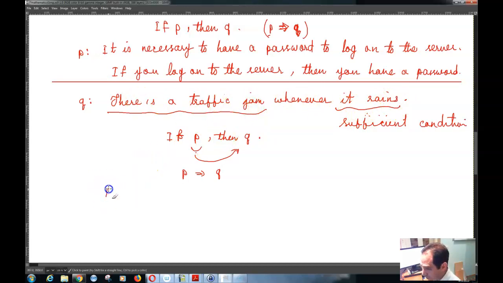So if you were to write it using if it rains, there is a traffic jam.